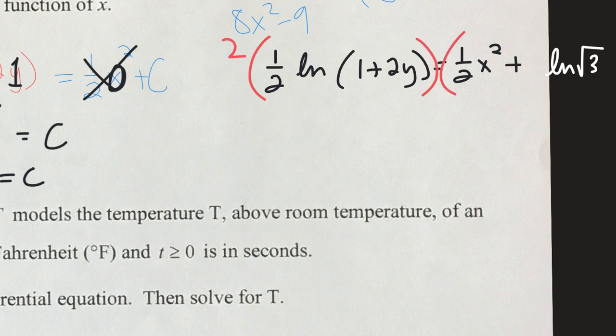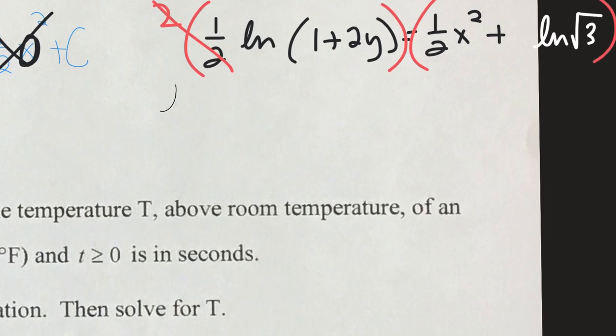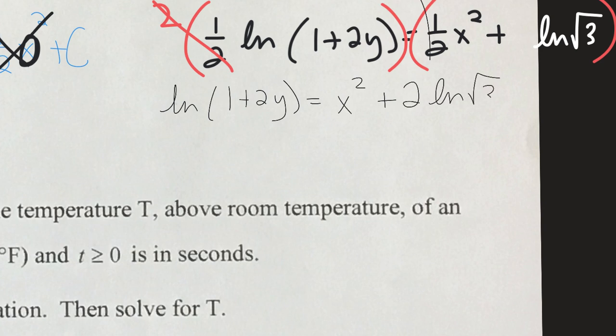Man, there's a lot of algebra in this unit. So ln of 1 plus 2y equals x squared plus 2 ln root 3. Well, that's kind of nice. Guess what? We're going to take this 2 here and make it into a power of 2.